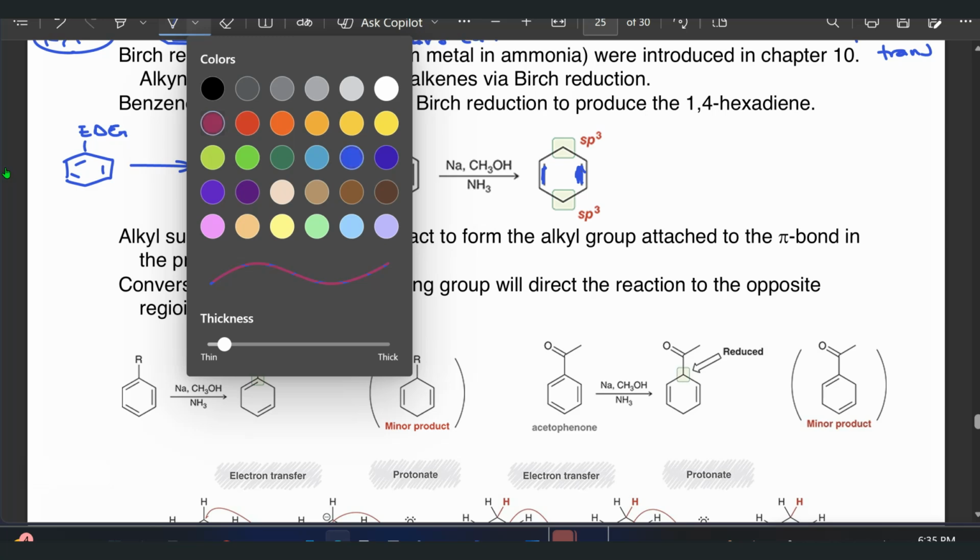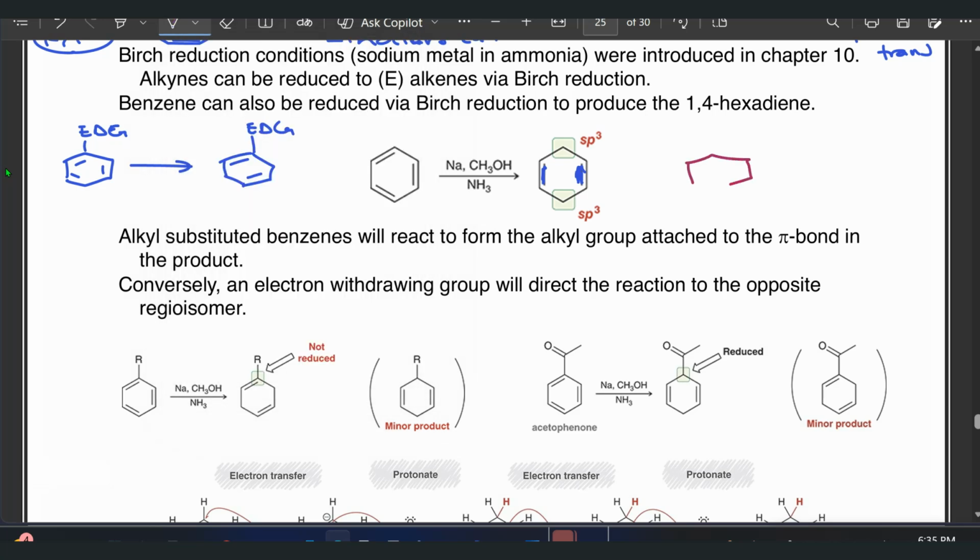On the other hand, if you have an electron withdrawing group, those double bonds should shy away from the EWG. So if you memorize that rule, you should be fine. Moving forward, there's a table that will tell you who is electron withdrawing, who's electron donating, but from Diels Alder, you know who donates, who withdraws.